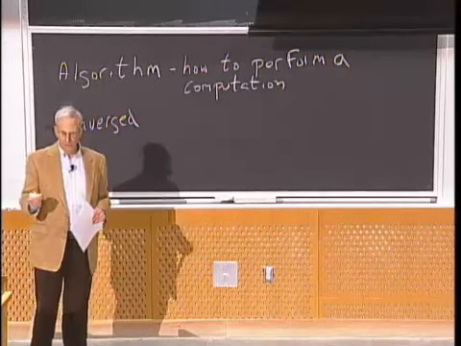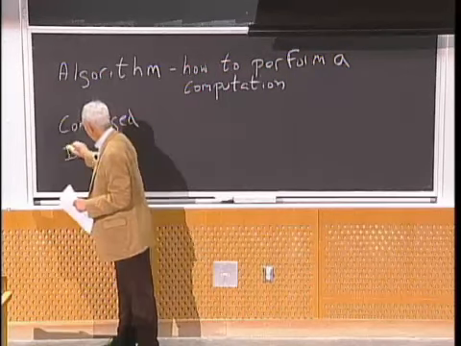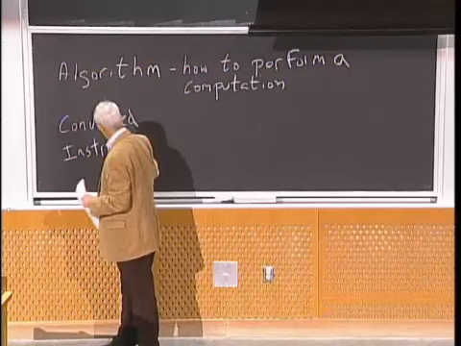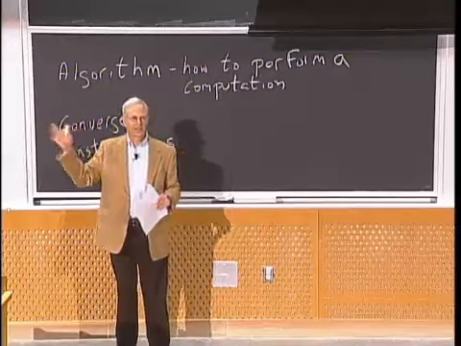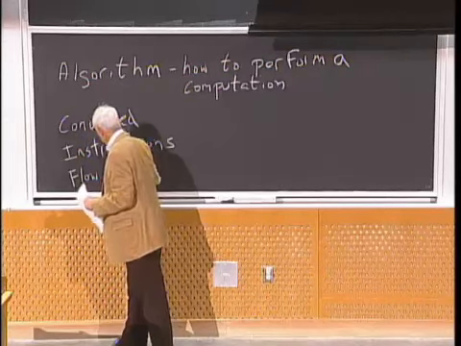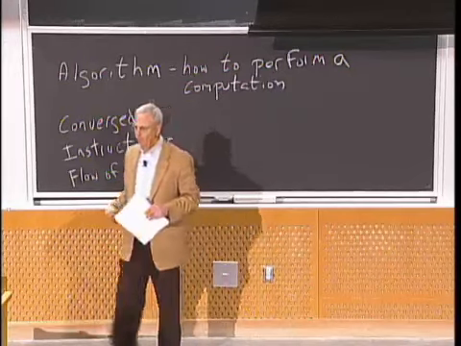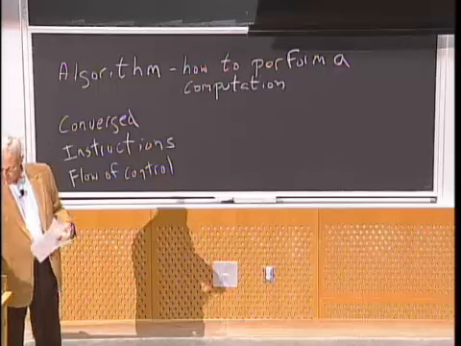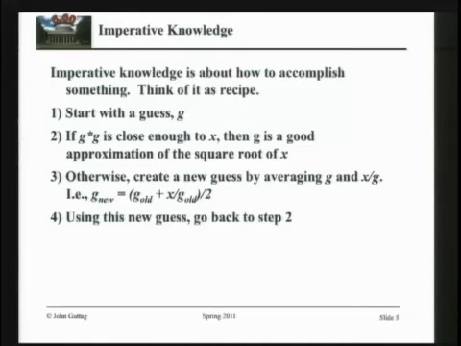What we've got here, if you think about it, is a set of instructions, steps that can be executed, and a flow of control, the order in which we execute them. So if we look at this, there's a default order of execution, 1, 2, 3, 4. But then there's the go back to step 2 and start over.